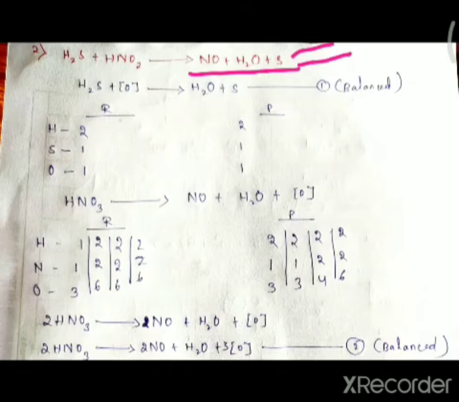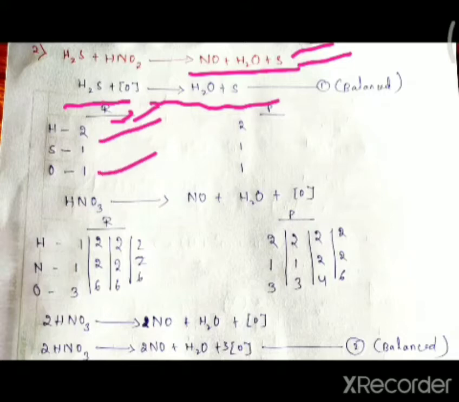First, we will write H2S plus nascent oxygen gives water and sulfur. So, is it balanced or not? Let's check. In the reactant part, hydrogen is 2 atoms, sulfur 1, oxygen 1.